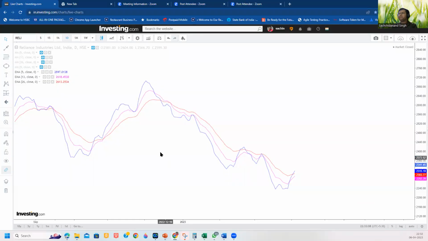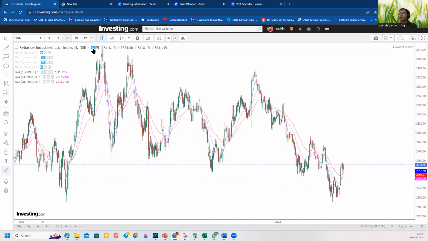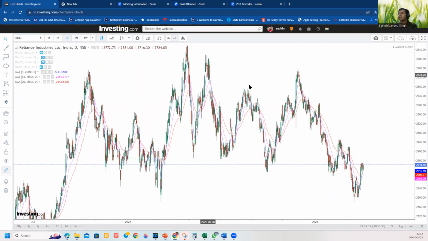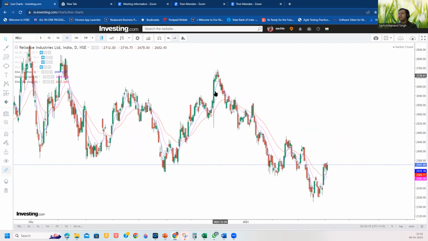Let me share. See, this is the Reliance chart, right? After this top point, this stock started falling. Typically, most of us think that we first need to buy it and then sell it later.